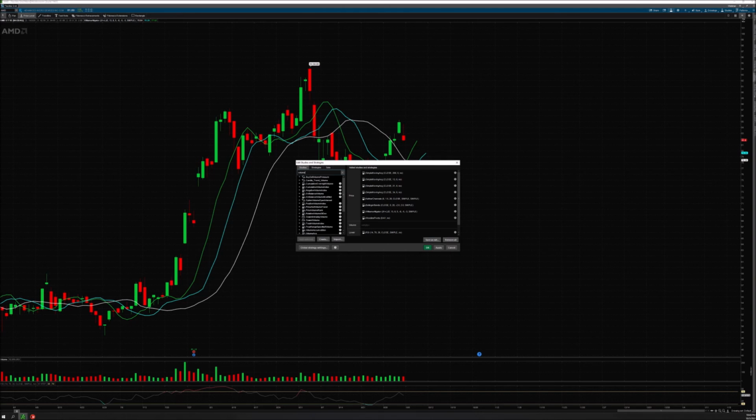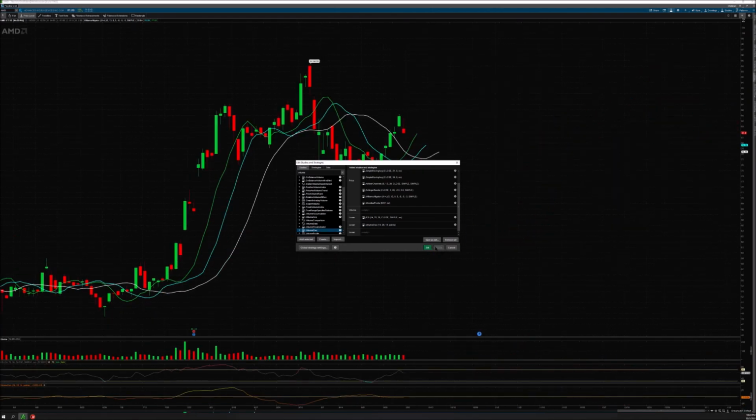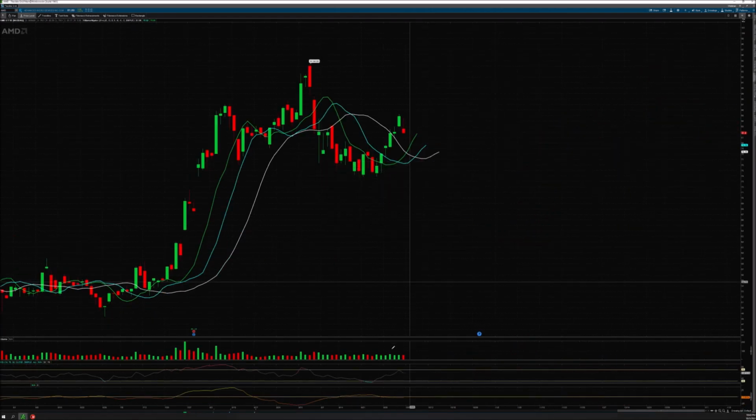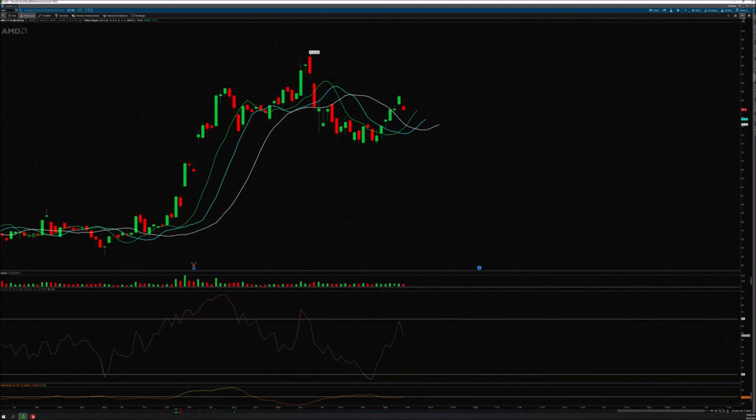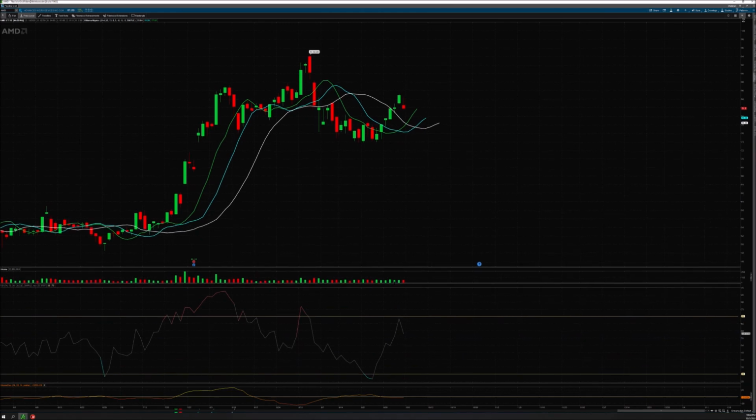They have volume accumulation, volume oscillator. Yeah, it's right here. So this one's based on volume. It's like an RSI.